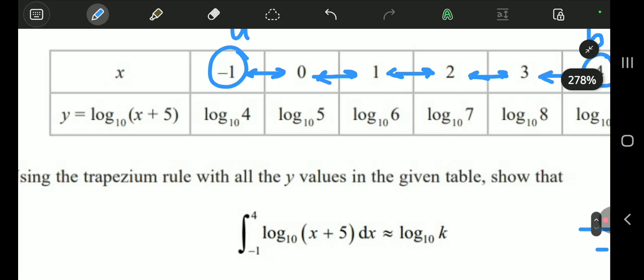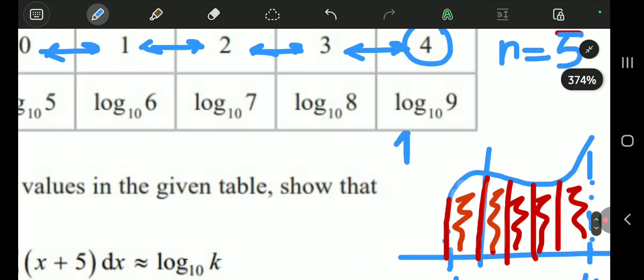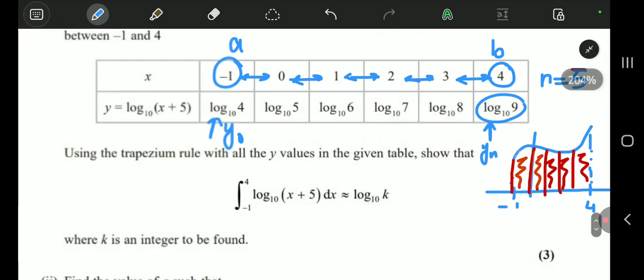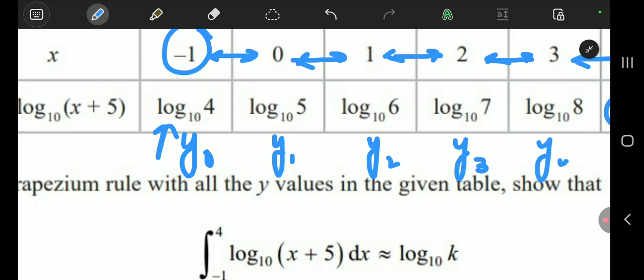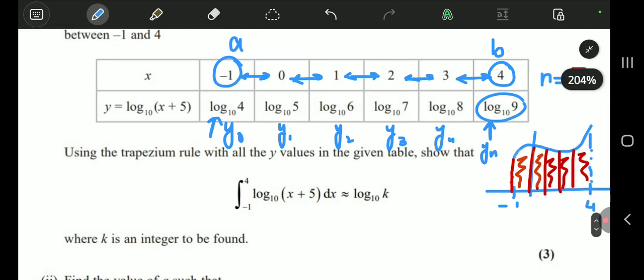Secondly, we need to find what y0 and yn are. The very first y value we set to be y0, and the last value we set to be yn. From here it is y1, y2, y3, y4, up to yn minus 1. So let's substitute all these values in the given formula.